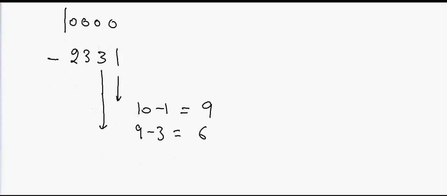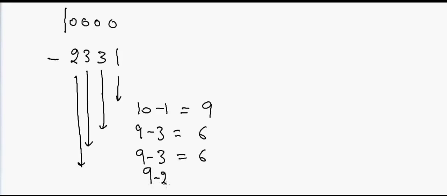Then I'll take the next 3. So 9 minus 3 is equal to 6, and then I'll take the 1. So 9 minus 1 is equal to 8. So the answer will be equal to 7669. We can do the same thing for much larger numbers, but here is the approach.